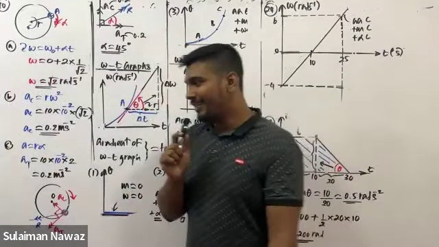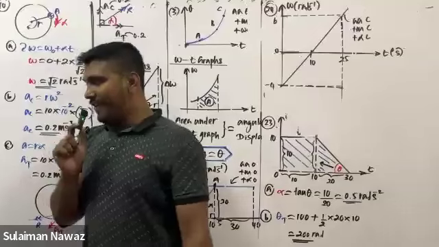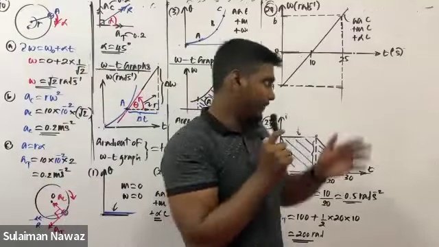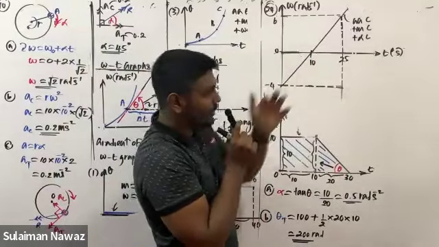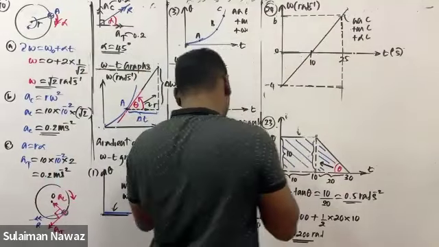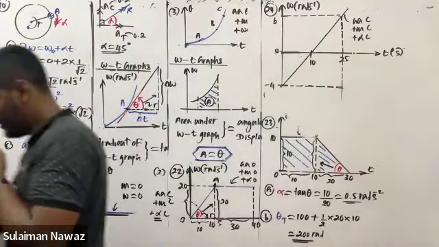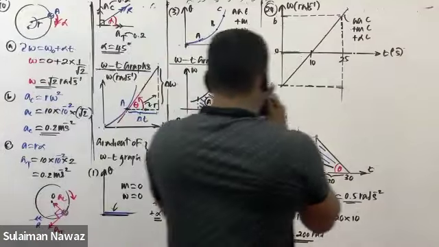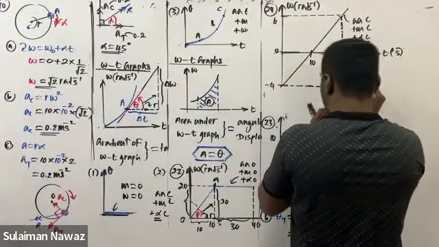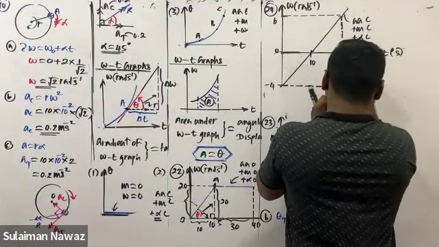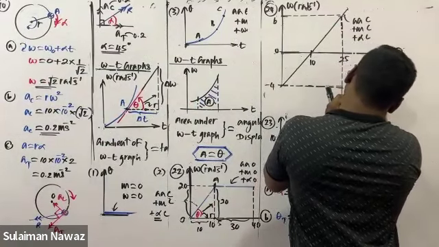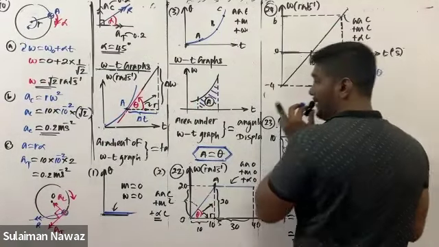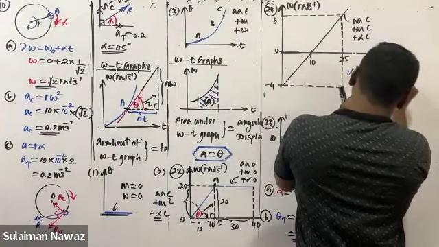I'm also going that way. Then tan theta, alpha means tan theta, that means y2 minus y1 over x2 minus x1.